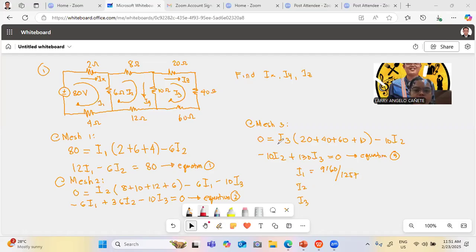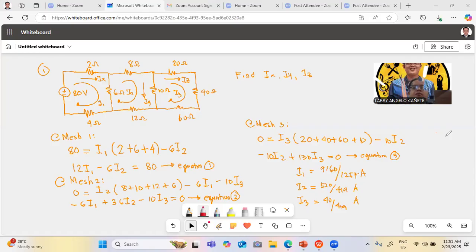Your I2 here is 520 over 419. And finally, your I3 is 40 over 419. So all here are in the unit ampere, no? Okay. So I'm done with all the currents I1, I2, I3.